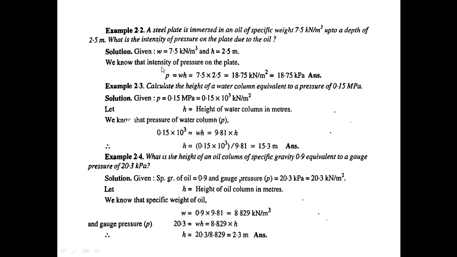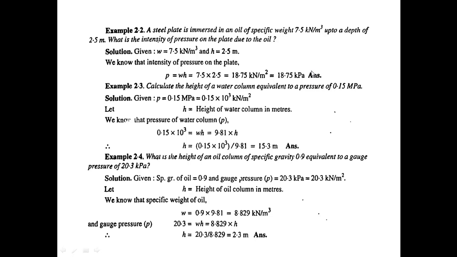We know that intensity of pressure on the plate P is equal to omega H, so omega is given 7.5 and H is also given 2.5. So pressure intensity on the plate due to the oil is equal to 7.5 multiplied by 2.5 equal to 18.75 kilonewton per square meter, which is equal to 18.75 kilopascal. And this is the answer of our example 2.2.